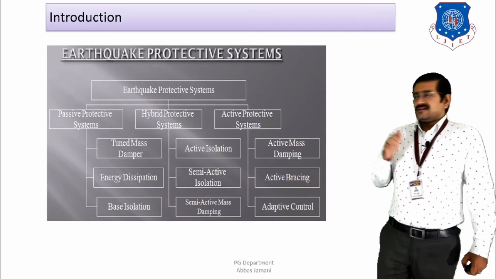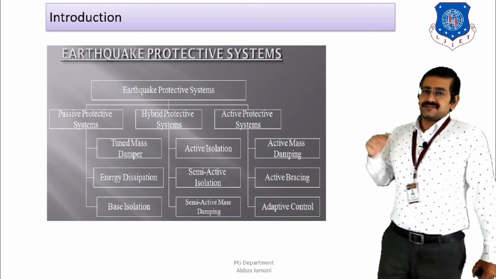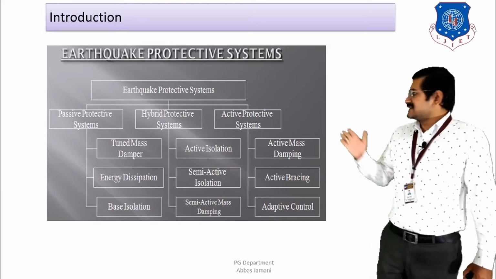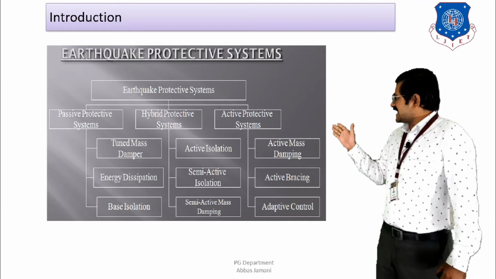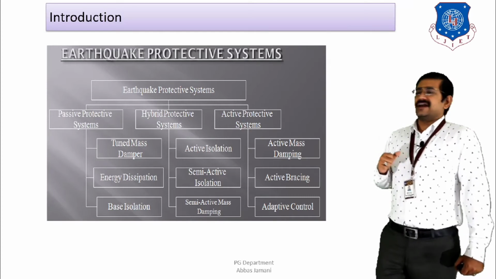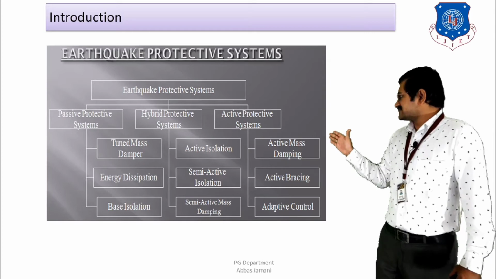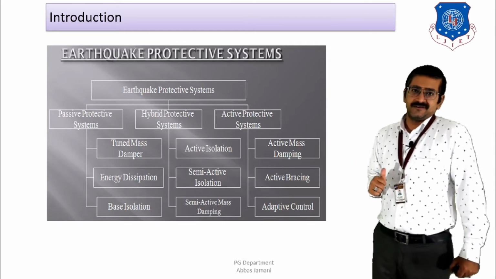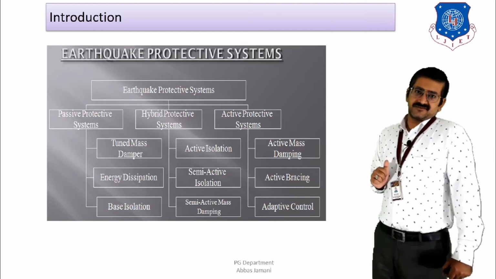If you look at the classification chart of earthquake protective systems, there are basically three heads: first the passive protective system, second the hybrid protective system, and third the active protective system. Under the passive protective system, the first is the tuned mass damper, which we are all very well aware of, second is energy dissipation, and third is the base isolation method.